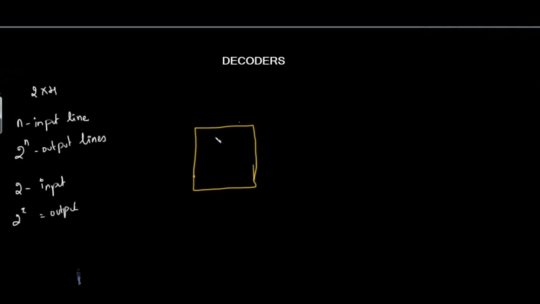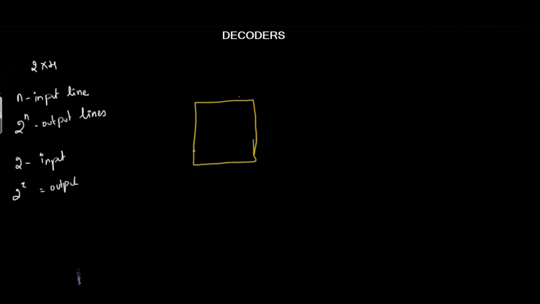So these are the input lines. We have two input lines, which you can name I0 and I1, and we have four output lines, in the sense maybe wires, whatever you call it.